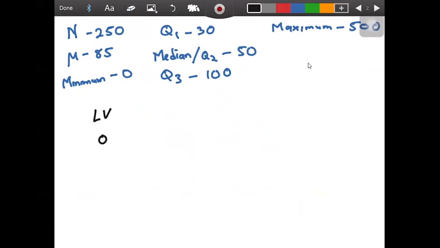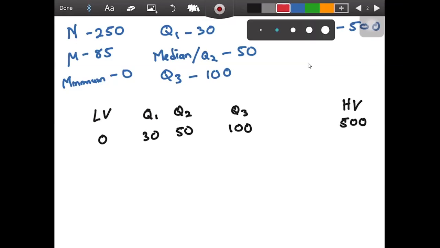Then we have our Q1 at 30, Q2 at 50, our median, Q3 at 100, and our highest value at 500. Far, right? So the question just now is asking for Q1 to Q2, so this is 25%.